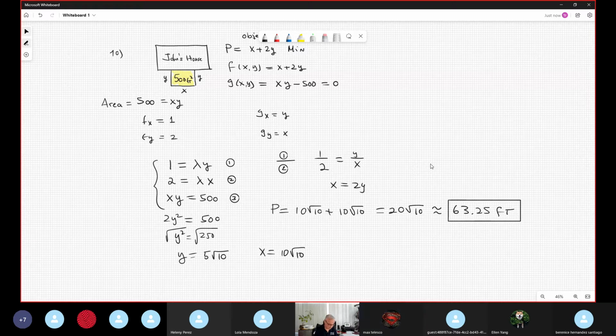Perfect. How do you know that you minimized it and you didn't maximize? Okay, good question. Excellent question. One possibility is you try a couple of values close to the x and y, plugging into the perimeter function and verify.